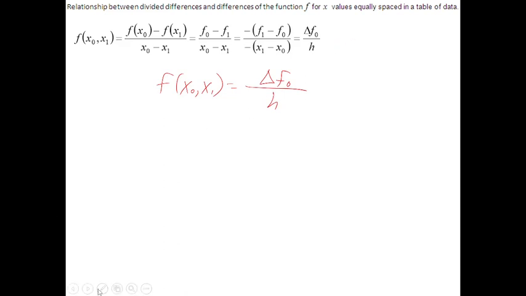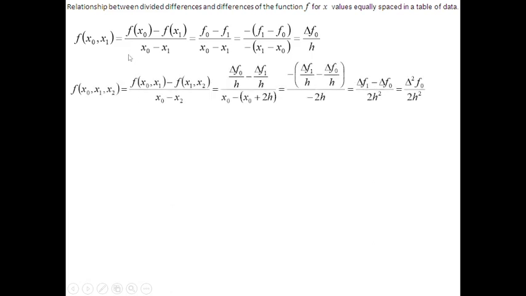Considering the second differences of f, the formula, you know this, I have discussed in the previous slide. So f of x0 x1 is simply delta f0 over h.